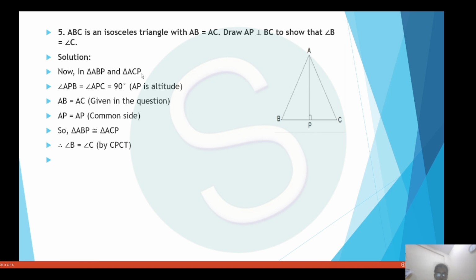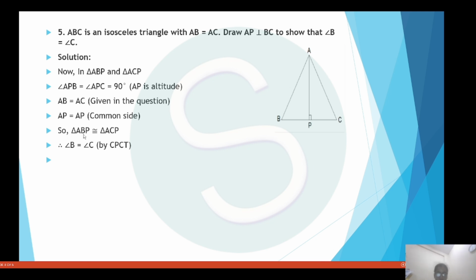So in triangle APB and ACP, angle APB equals to angle APC equals to 90 degree, since AP is altitude, right? So this implies APB and APC equals to 90 degree. Then AB equals to AC. This is given to us where ABC is an isosceles triangle in which AB equals to AC. And third is AP is our common side.